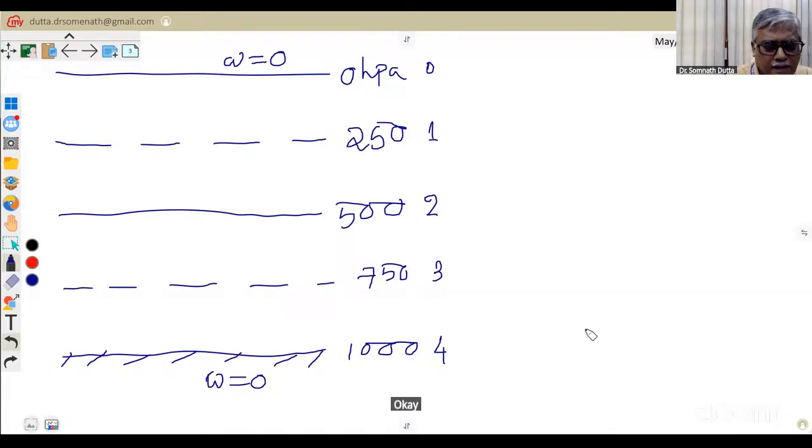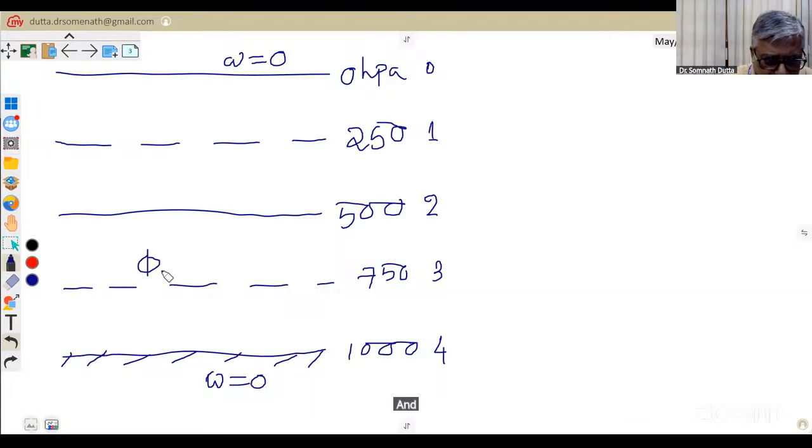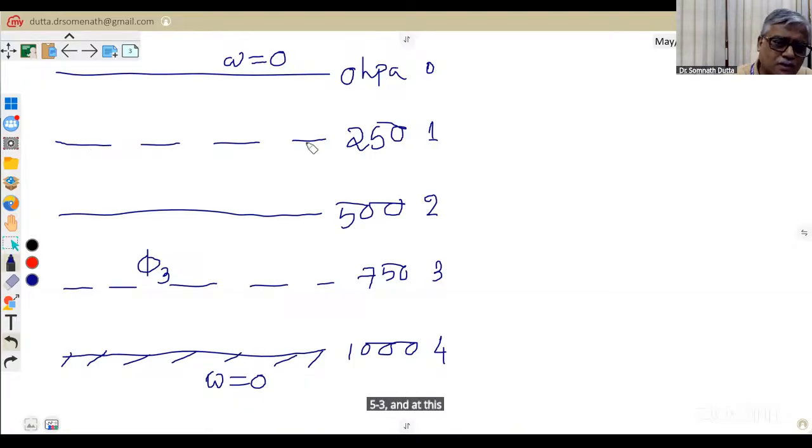Okay, and at this level we specify geopotential height phi. At this level we specify at every point geopotential height, which we shall denote by phi 3, and at this level also we specify the geopotential height, that is phi 1.